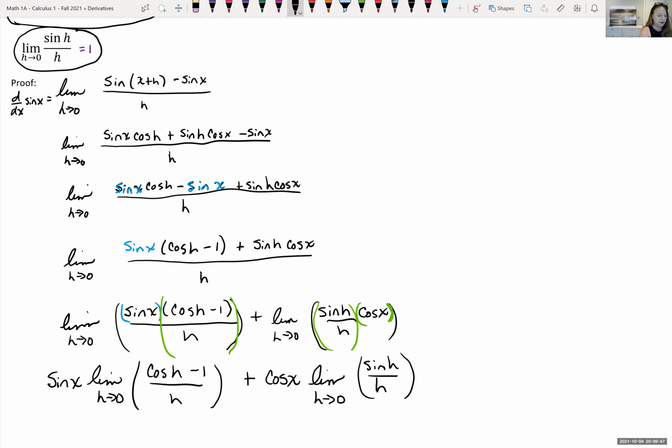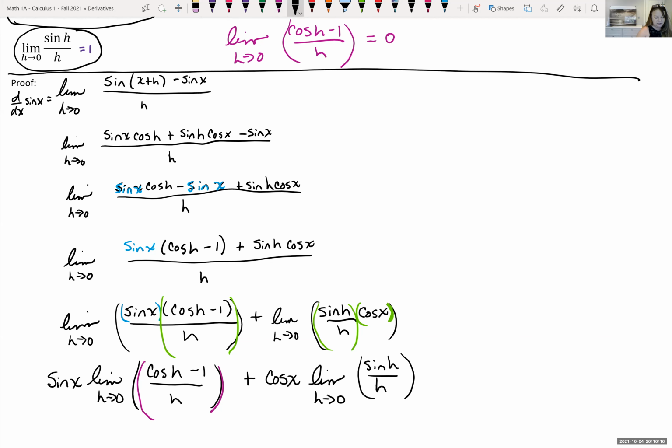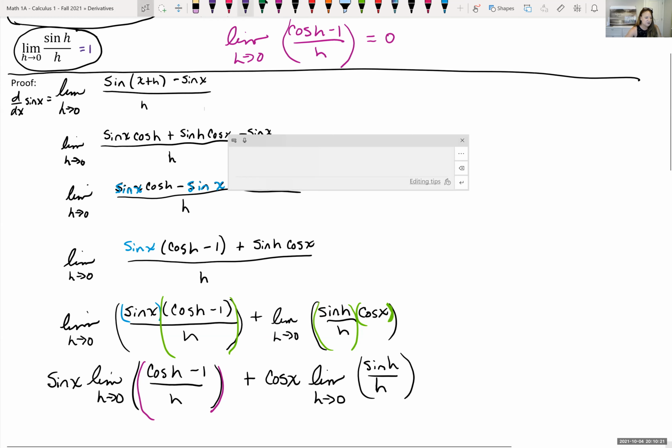The other one, which I forgot to write in there, is this one right here: the limit as h goes to 0 of cosine of h minus 1 all over h is equal to 0. We had shown that, I believe, in a previous course. And so we're going to just use that fact to find what we would get when we look at those limit pieces.